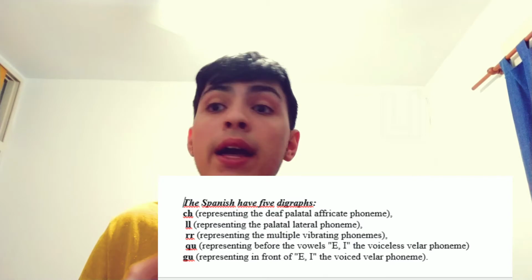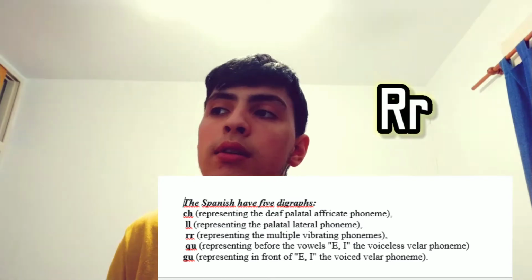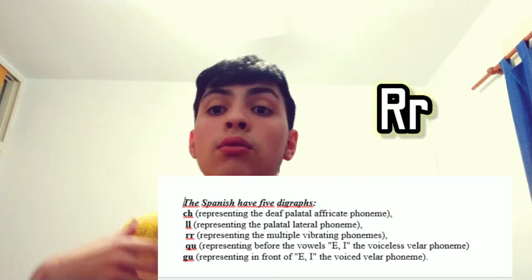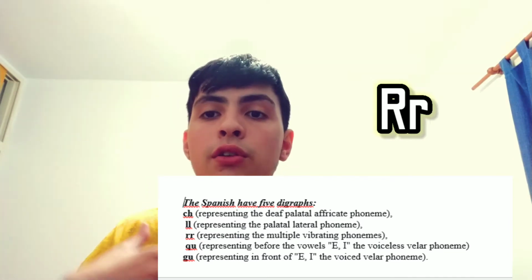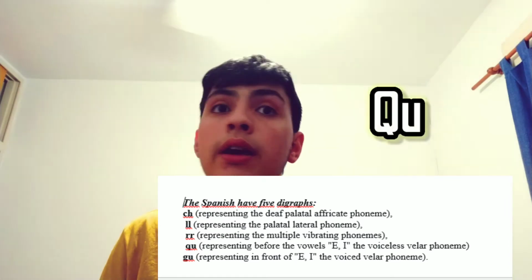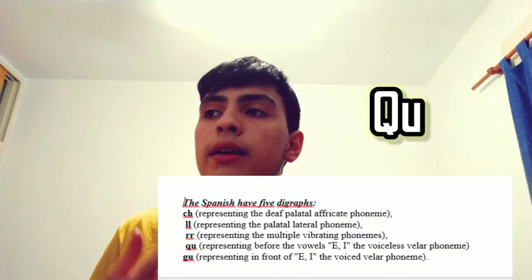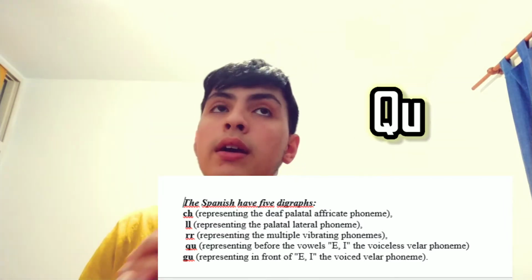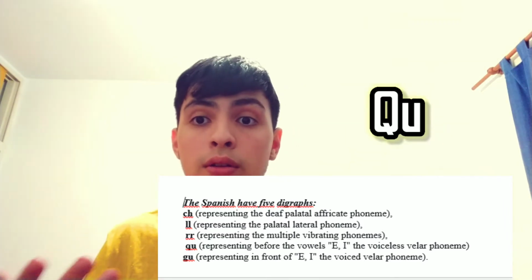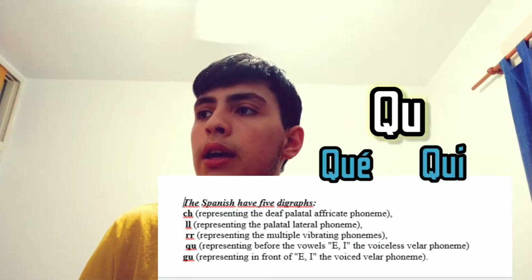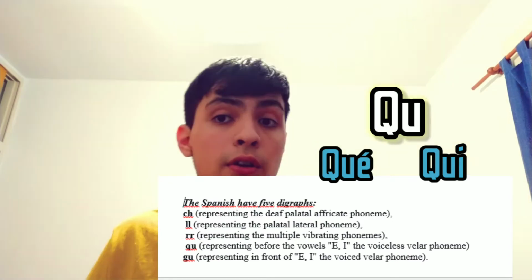Rr represents the multiple vibrant phoneme, where your whole throat vibrates, rr. Qu, before the vowels e and i, makes another sound, like que or qui, the voiceless velar phoneme.